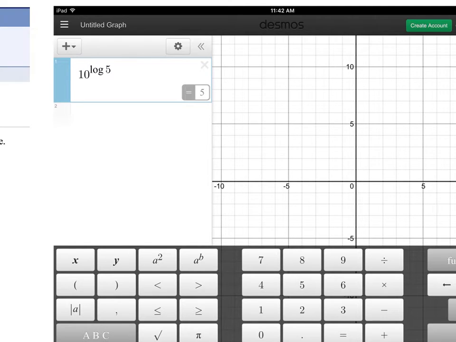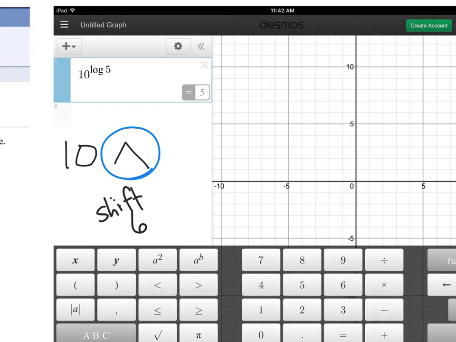When you're typing into the calculator with your keyboard, you're going to type in 10, then use the caret, which is shift 6. And that's how you get this thing right here. And then you're going to type in log 5. If you type this into Desmos, you're going to get this little result here. And of course the answer is 5.